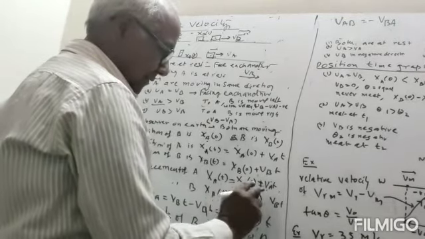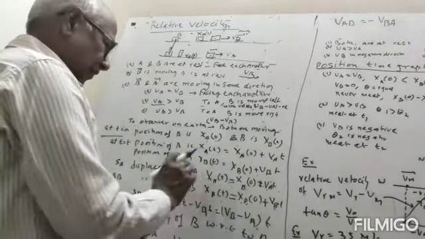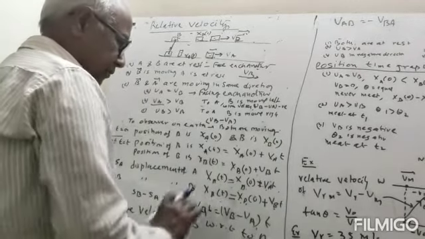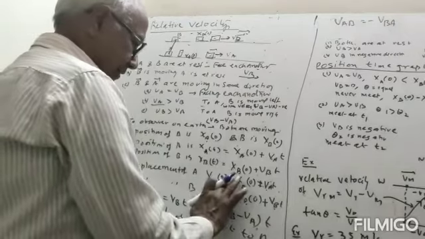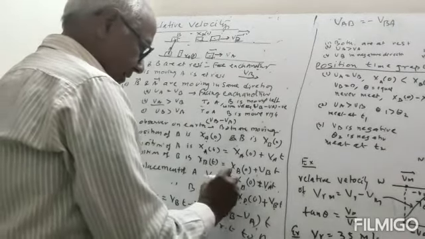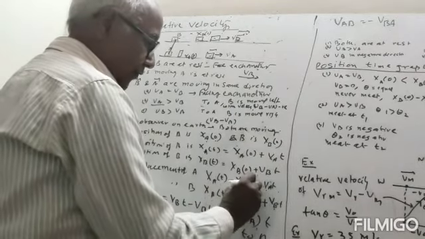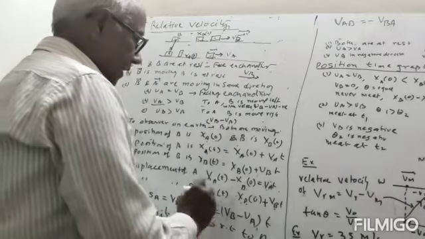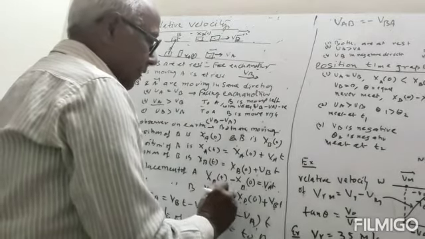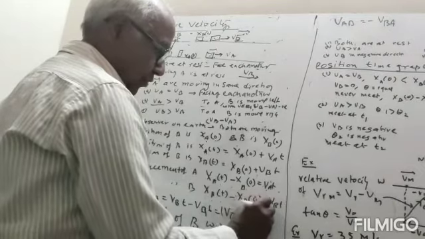Now if we find the displacement, then the displacement of A will be equal to VAt, and of B, VBt.